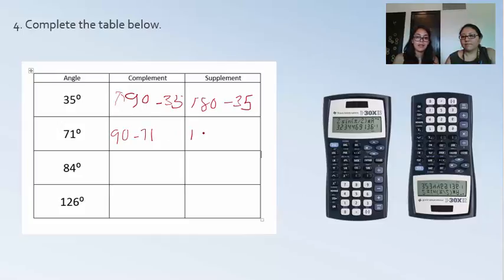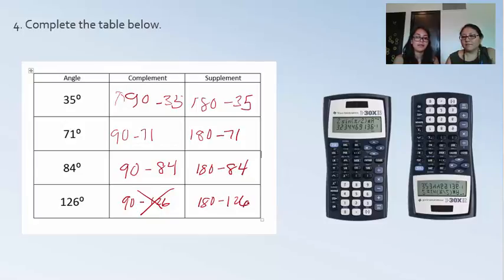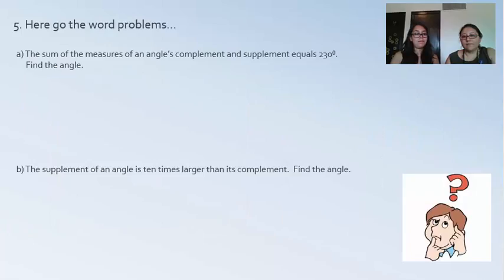Supplement, 180 minus 71. Once again, complement 90 degrees minus 84 degrees. Supplement 180 minus 84 degrees. Complement, wait, we said the complement was 90 degrees. That's over 90 degrees, so there is no complement. Supplement would be 180 minus 126. If you plug those into your calculator, you should get the complementary angle and the supplement.